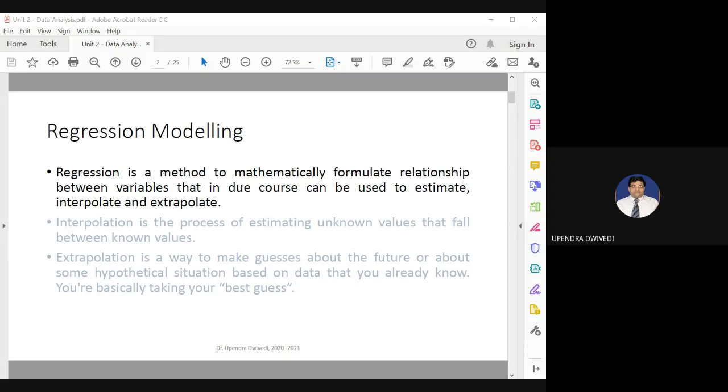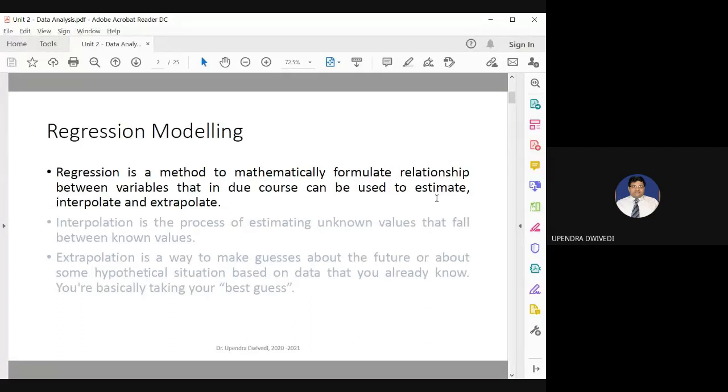So let us briefly summarize regression. Regression is a method to formulate a relationship between the values. As we discussed with the disease prediction system, various variables are available in the form of patient symptoms. Suppose a patient is suffering from fever, that is one symptom. If a patient is suffering from cough, that is another symptom. If a patient has body pain, that is another symptom.